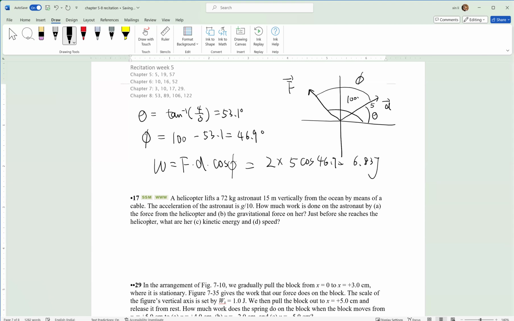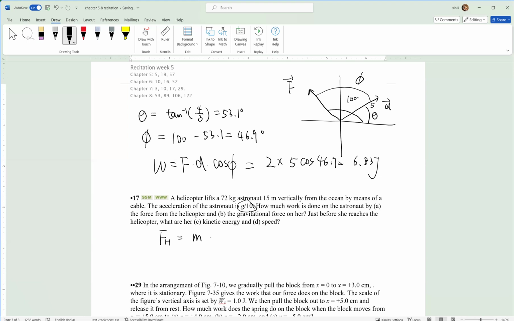So for the helicopter, I'm going to write here, the force by the helicopter will be equal to, you have acceleration, m. I'm going to write it this way.